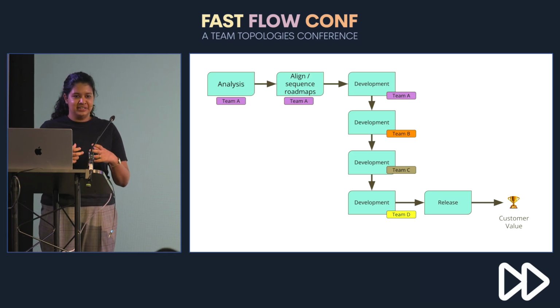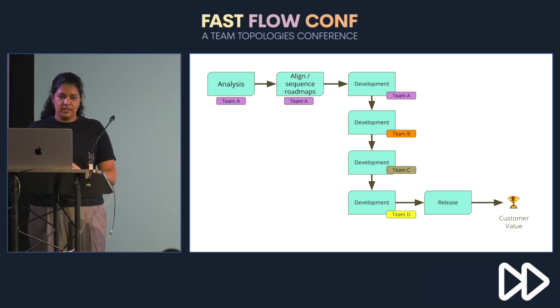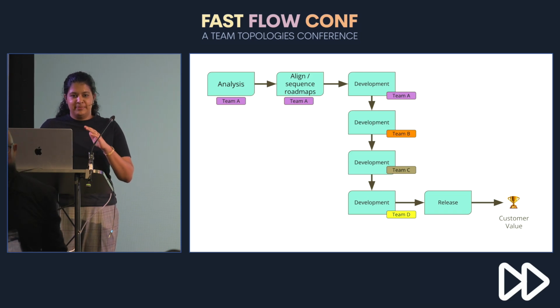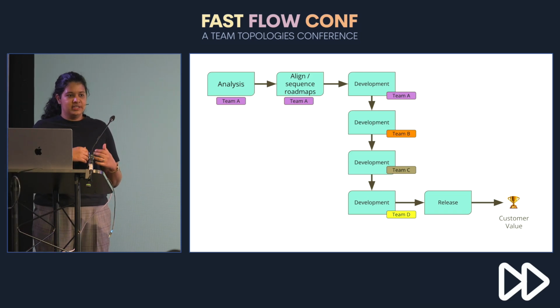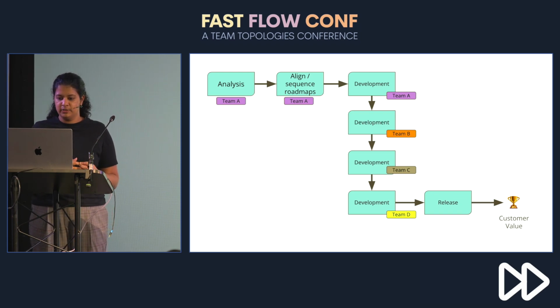And then we have this negotiation exercise to align roadmaps and sequence the work. Then all of the teams go off and do the work. Either they speed up the endpoint, or they hopefully in some cases decouple their domains from this stream of value.